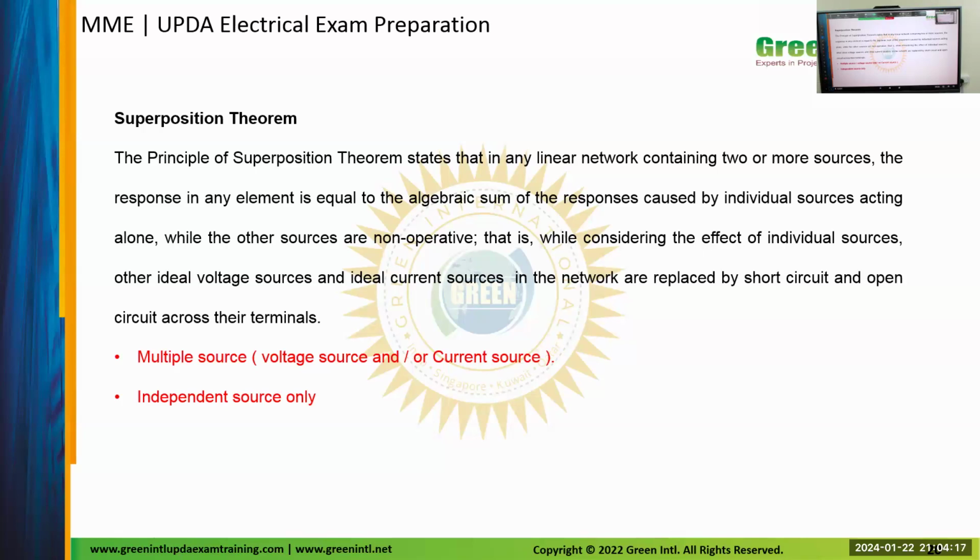But the superposition theorem applies to a complex circuit with more than one source, maybe a voltage source, a current source, or a combination. Multiple sources means superposition theorem by default, or if it has independent sources, we can apply the superposition theorem.